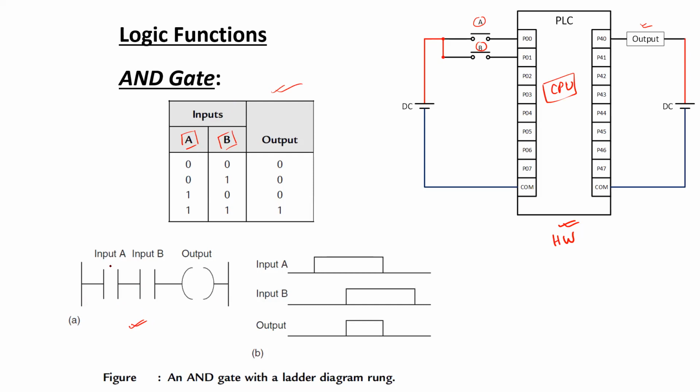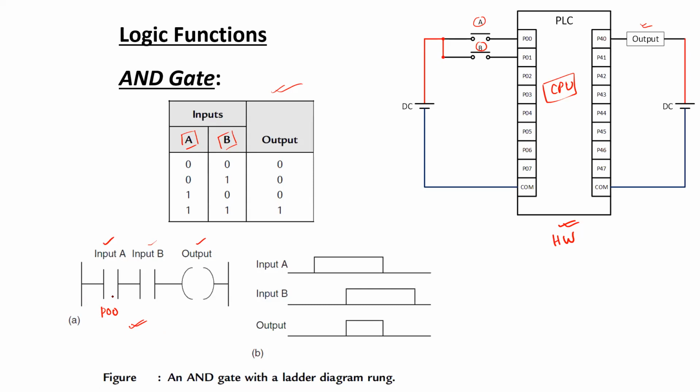Here, while drawing the diagram for input A using software to write the code into the CPU, the corresponding address of the ports has to be mentioned. Here it is shown as input A, input B, or as output, but in the actual case, the address of the ports has to be written.